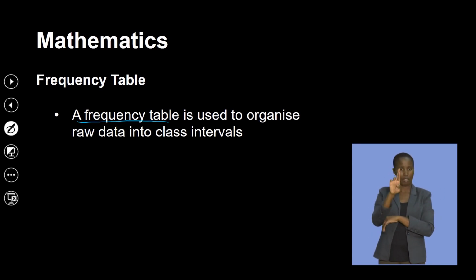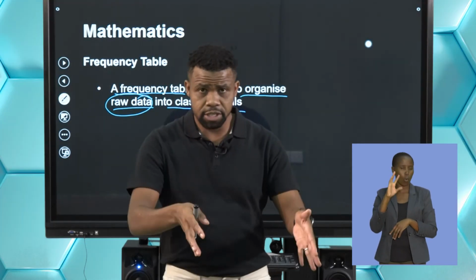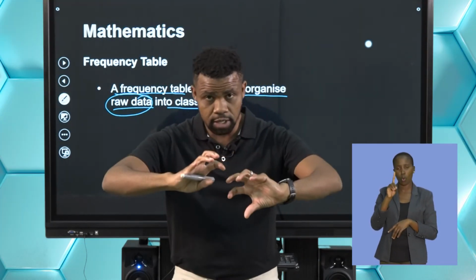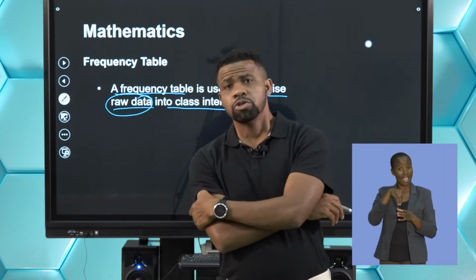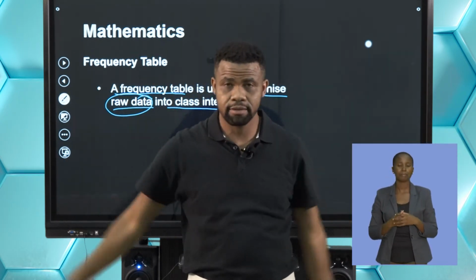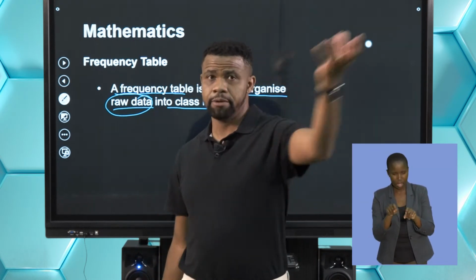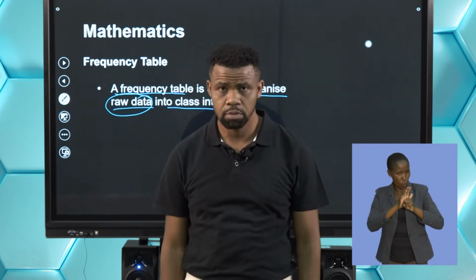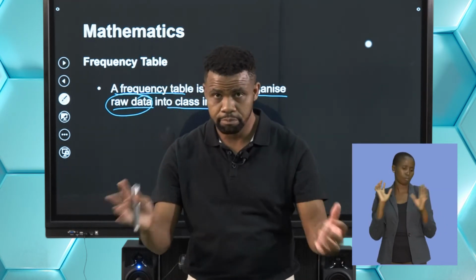A frequency table is used to organize raw data into class intervals. If I go out and test how many people have COVID-19 and we get 100,000, that's raw data. We just have 100,000 COVID positive.